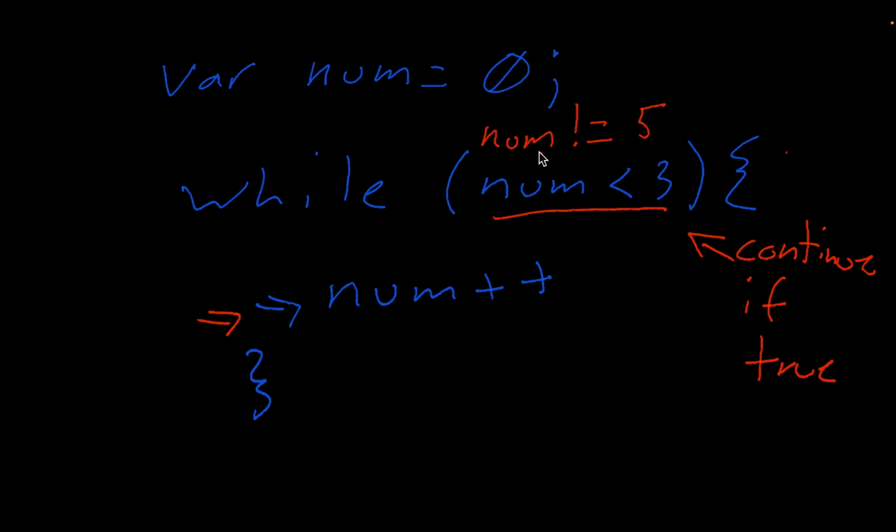So this is a false equivocation here, right? Num is not equal to 5, but as long as this is true, then this is going to continue to do what it's supposed to do. True or false statements, as long as this statement is true, it will enter.